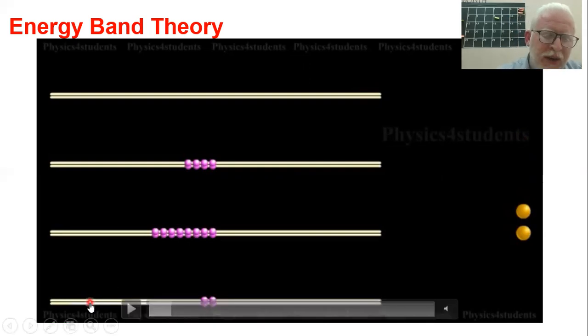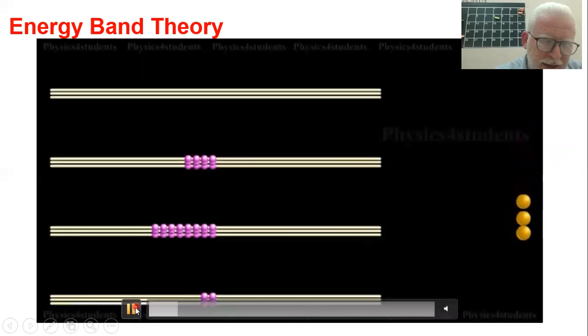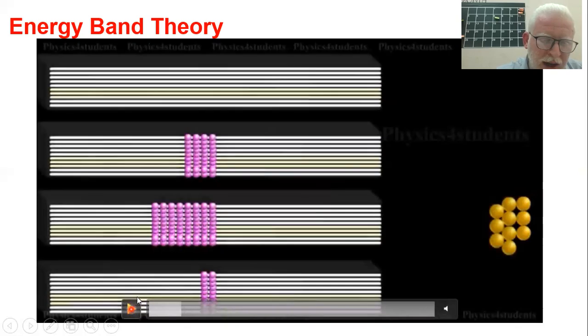So we have 2 energy levels each with 2 electrons, 2 each with 8, and 2 each with 4. Then we have a third neighbor, which also has its energy levels, and again these energy levels overlap together. And so on, until we form this structure.